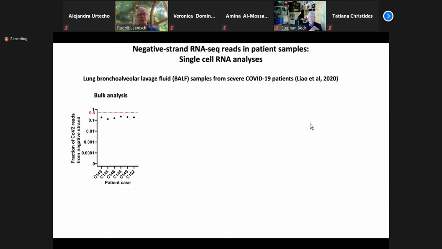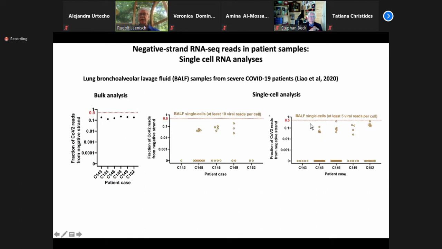When we summarize them, all of these patients had gained orders of magnitude higher negative strands, and when we look at their single cell data, depending on what your threshold is, with 10 viral reads per cell or 5, we find in some cells very high frequency, again up to 50% in some, of negative strand viral RNA in these samples.